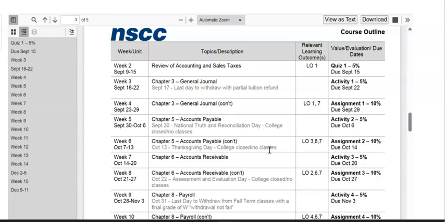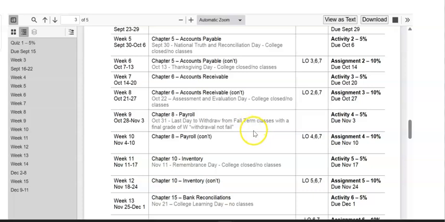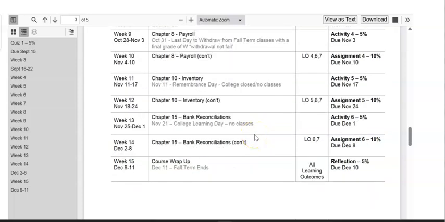And then as you can see, we're going to be looking at different chapters in the textbook, terms you're familiar with, the general ledger, accounts payable, accounts receivable, payroll, inventory, and bank reconciliation. So it's going to be learning how to use those modules, thinking back as well to how you did it in both Accounting 1 and Accounting 2 through journal entries.